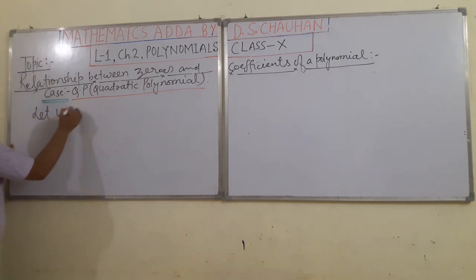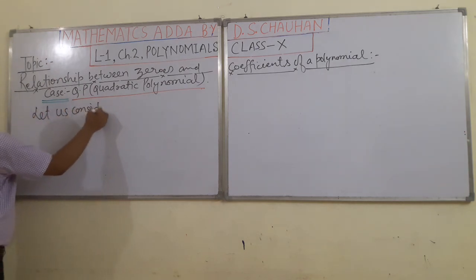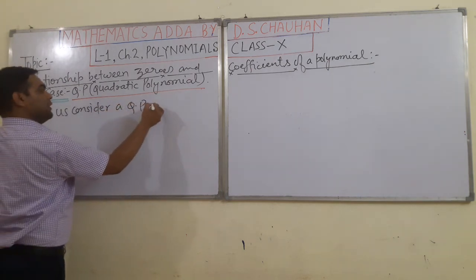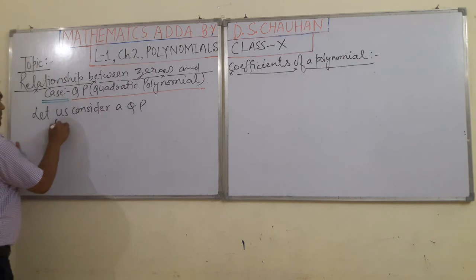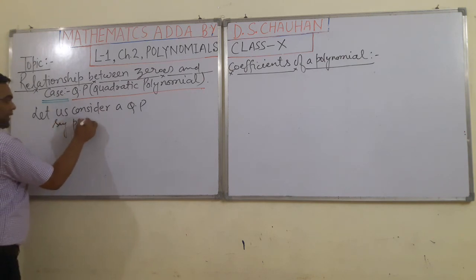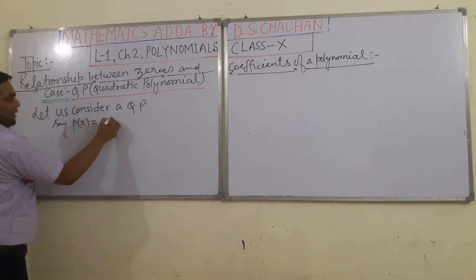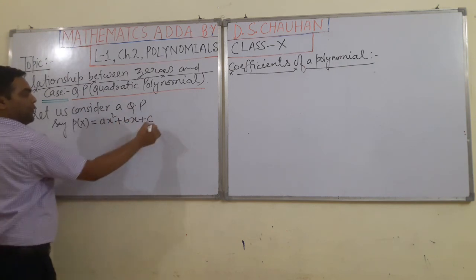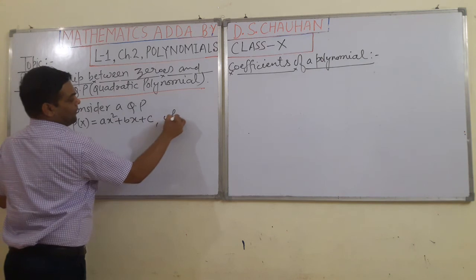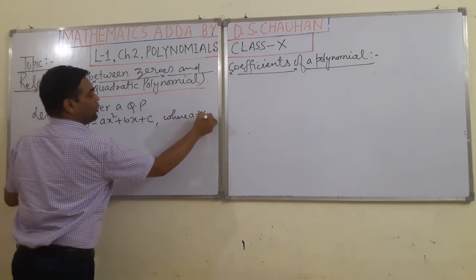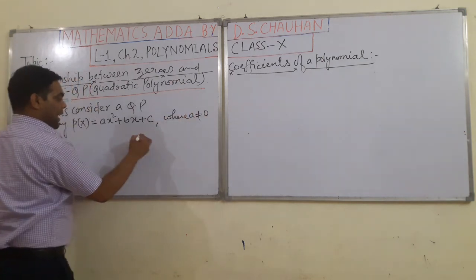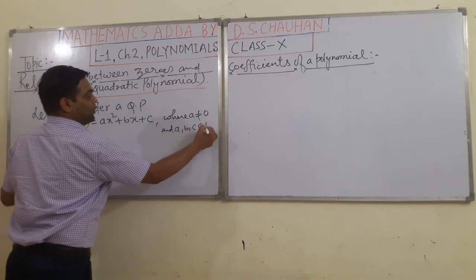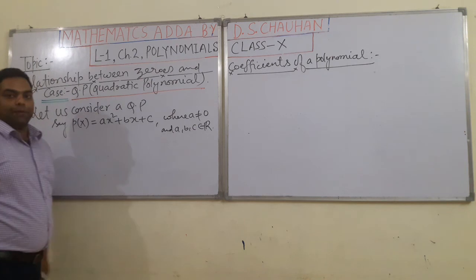Let us consider a quadratic polynomial, say P(x), which is ax square plus bx plus c, where a is not equal to 0 and a, b, c belong to the field of real numbers.